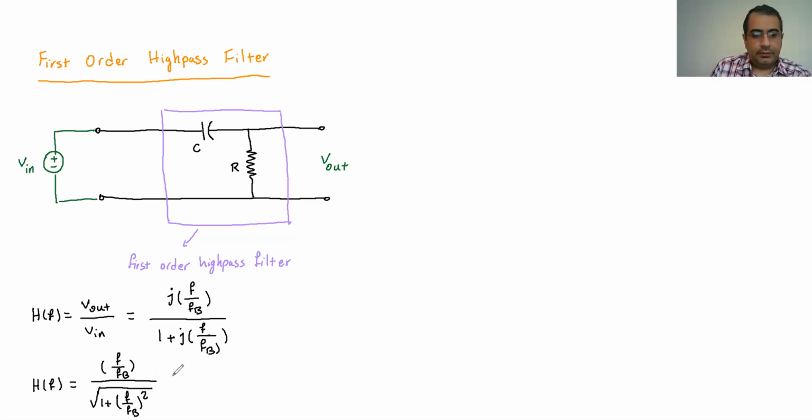And the angle is going to be 90 minus tangent inverse of F over FB. So either you can write it like that, or you can write it like this here.